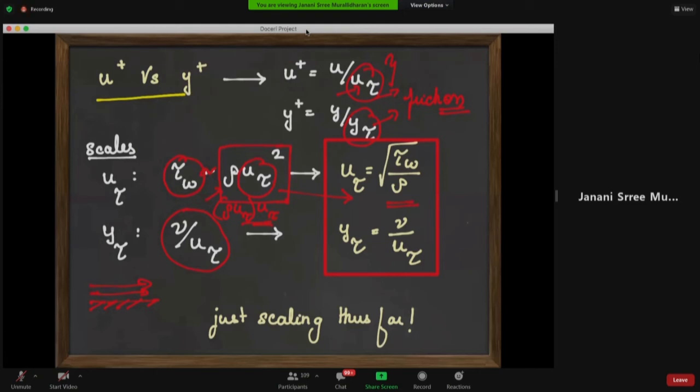So you have two scales, the length scale and the velocity scale, with which you will non-dimensionalize. If I'm doing an experiment, I will use these two values to non-dimensionalize the velocity that I'm reading. In CFD it's the same thing: you will have to come up with these values to calculate U plus and Y plus.